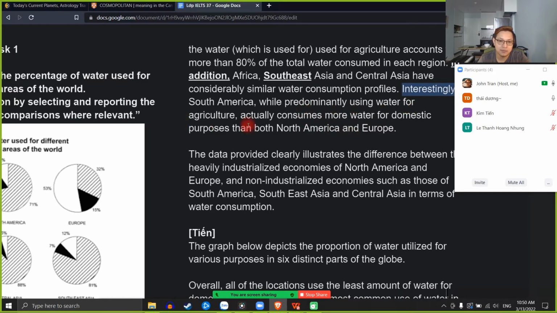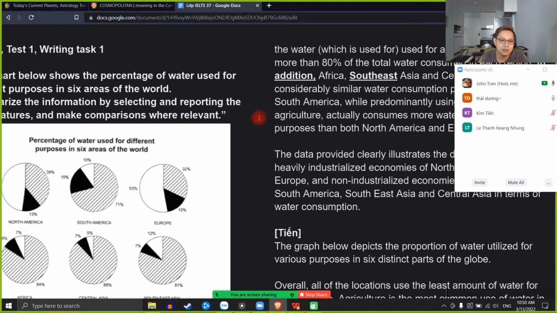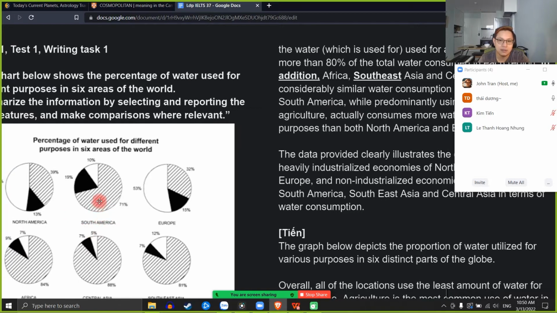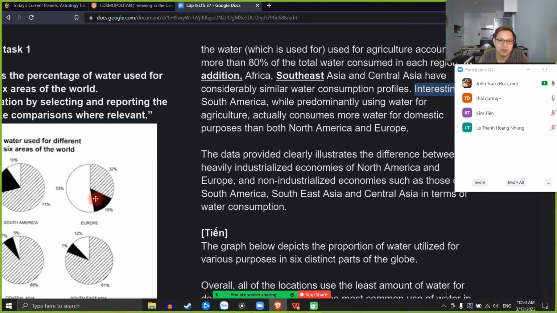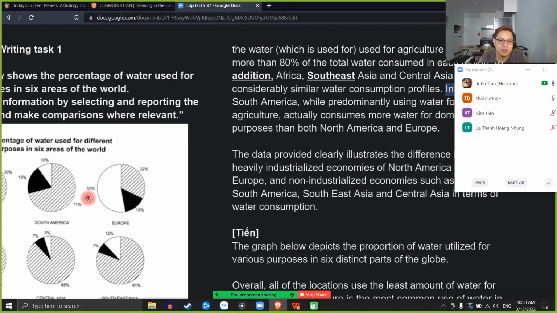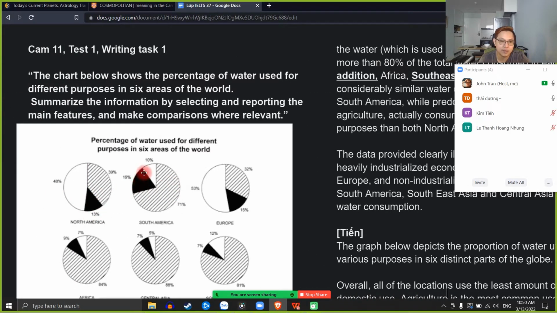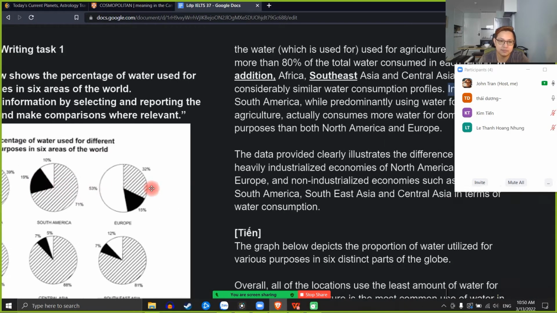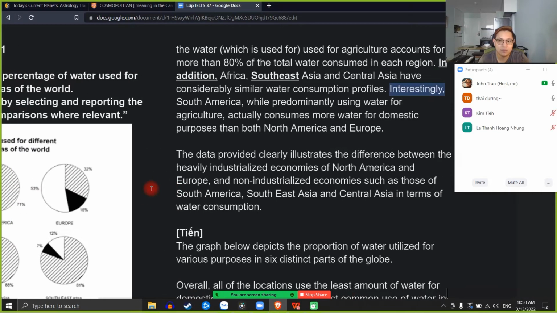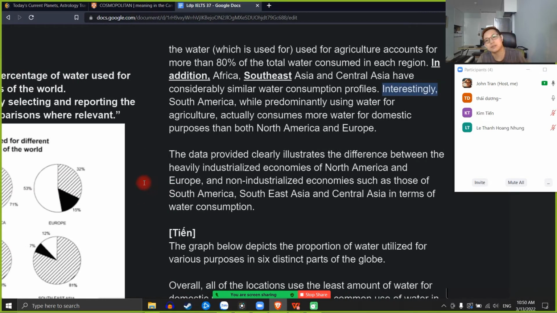Trong khi Nam Mỹ sử dụng phần đông nước cho nông nghiệp, nhưng mà nó thực sự lại tiêu thụ nhiều nước hơn cho mục đích trong nhà so với cả North America với Europe luôn. Khá thú vị. Very good. It's a really good comparison.